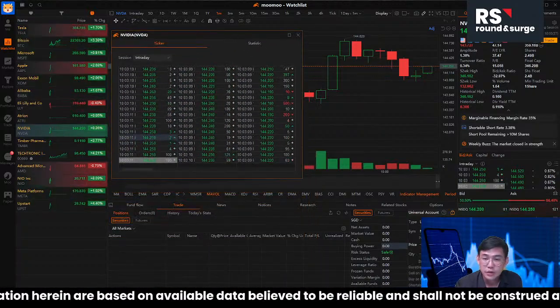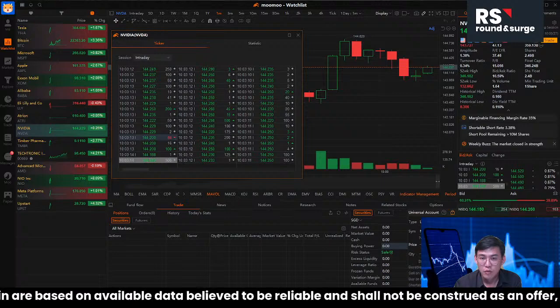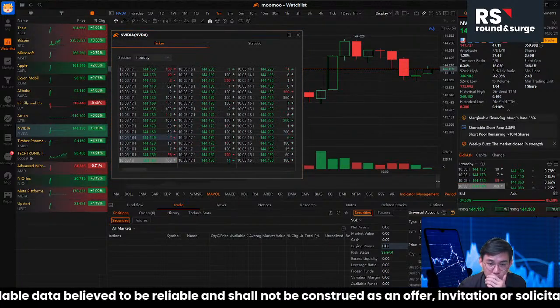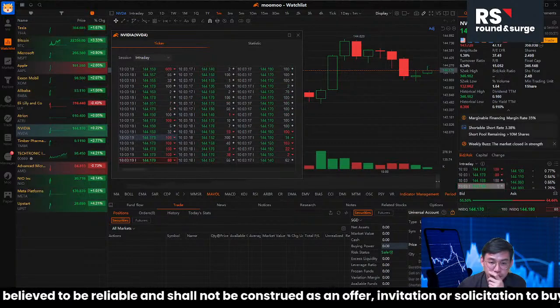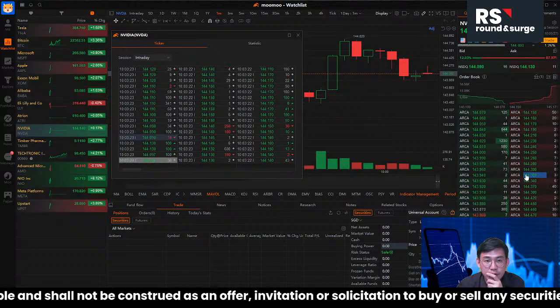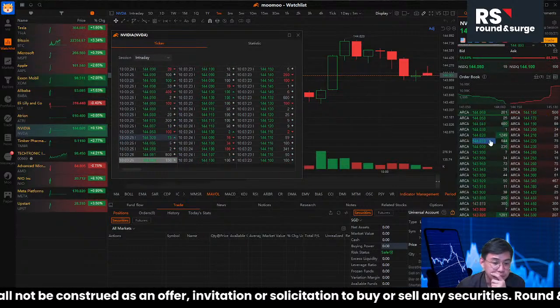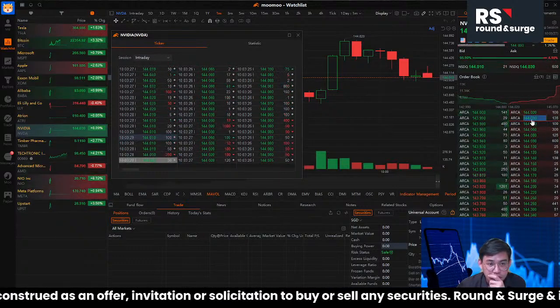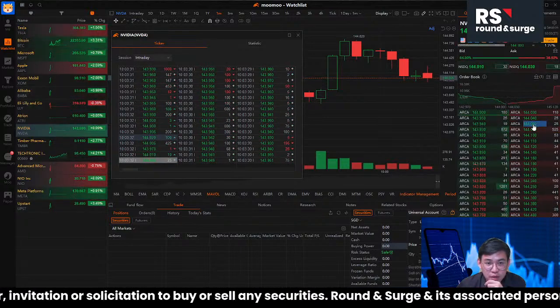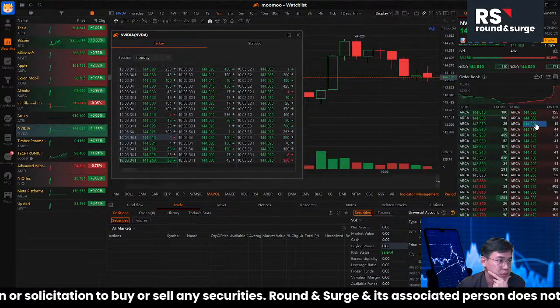Wait, let's see NVIDIA. One last one to try it out. I'm going to look into the order book here. No wonder Flashboy can work in the US market.